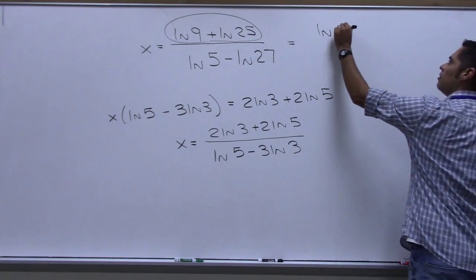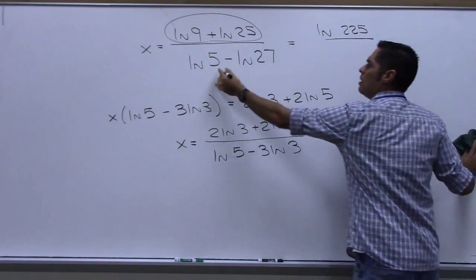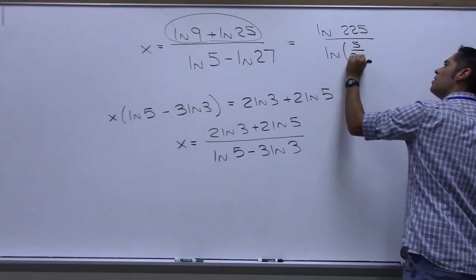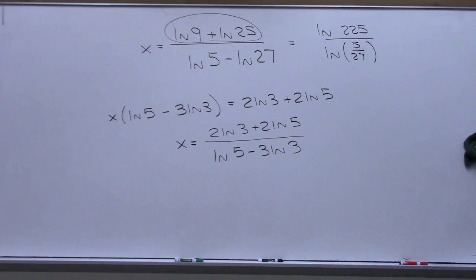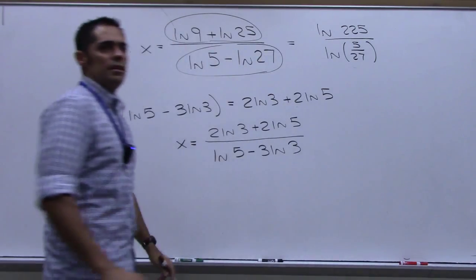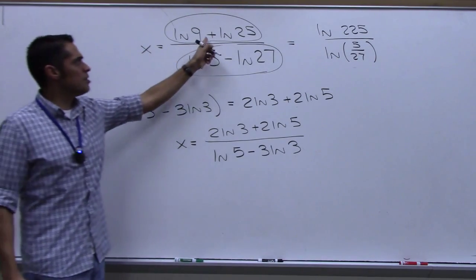So it's what? 225 over, what can I do here? 5 over 27, couldn't I? So I'm turning both of these into single logs using the condensing. This one is multiplication, this one is division.